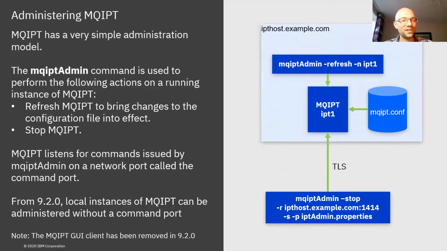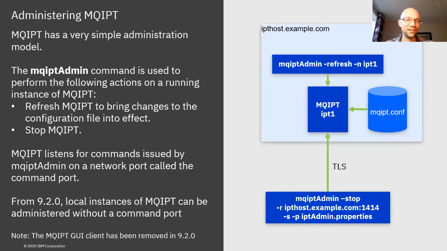And once your MQIPT is running, there's a command called MQIPT admin, which you can use to administer it. And actually the actions that you need to do on a running instance of MQIPT are very small. You can refresh the MQIPT instance, which means that once you've made a change to the configuration file, you want to bring the changes into effect without having to stop and restart MQIPT.